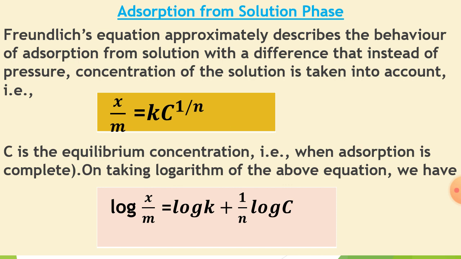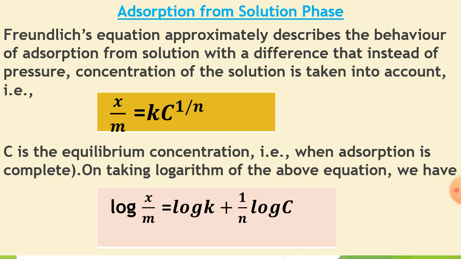Adsorption from solution phase: the Freundlich equation approximately describes the behavior of adsorption from solution, with a difference that instead of pressure, the concentration of solution is taken into account, and that's why we can write the Freundlich adsorption theorem like this: x by m equals K C to the power 1 by n.